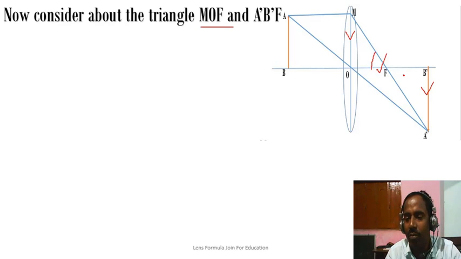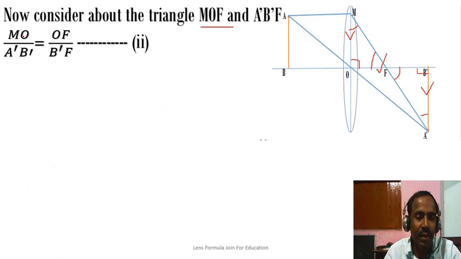This is the vertically opposite angle, this is the right angle, this is the right angle, this is the remaining angle and this is the remaining angle. Therefore, the ratio of the corresponding sides will be equal. Therefore, MO by A dash B dash equals OF by B dash F. This is equation number 2.